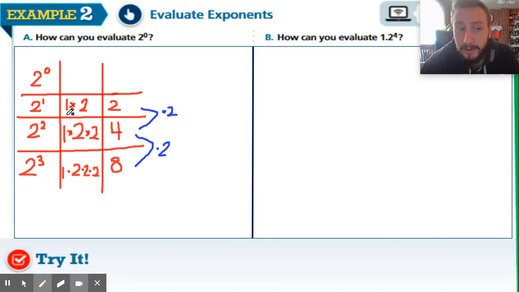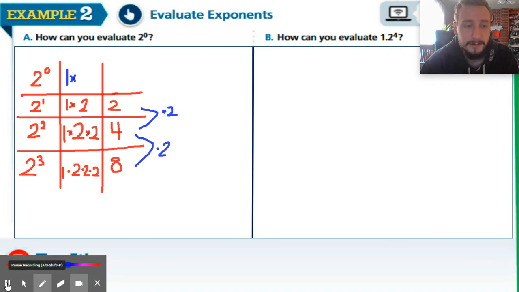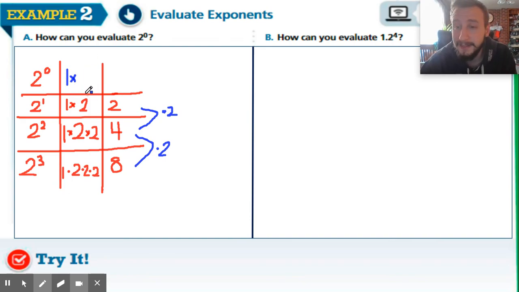Well, if I stick to what we are saying here, 2 to the first power is just 2. So 1 times, the exponents tell me how many 2's there are, and the exponent tells me there are no 2's. So I leave it at just that. It's just 1. There are no 2's here. I don't write anything here.